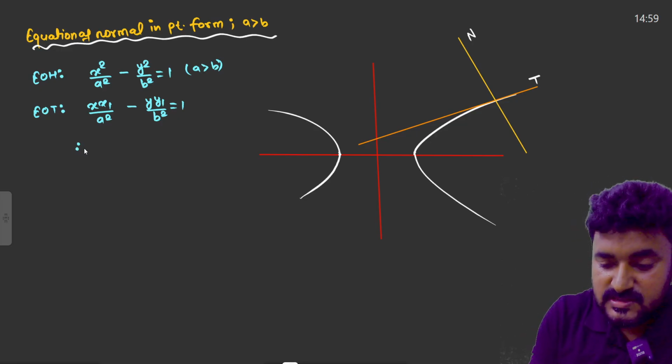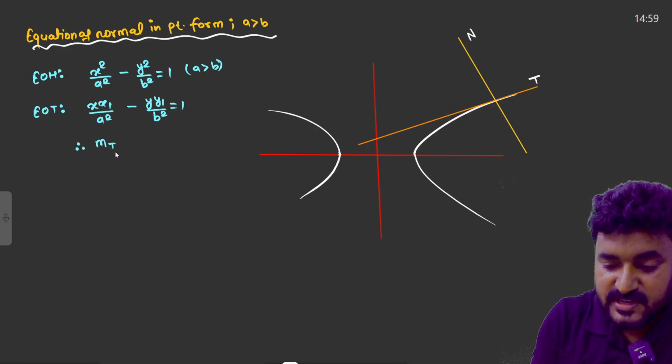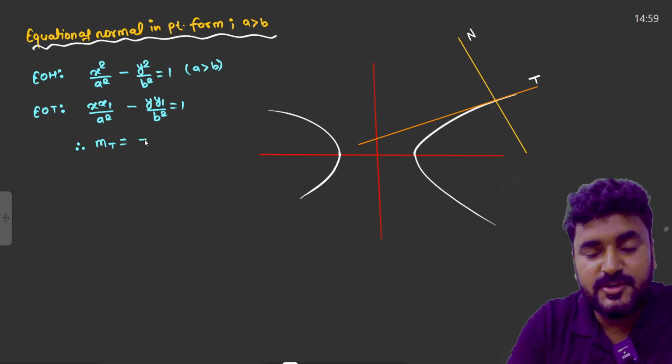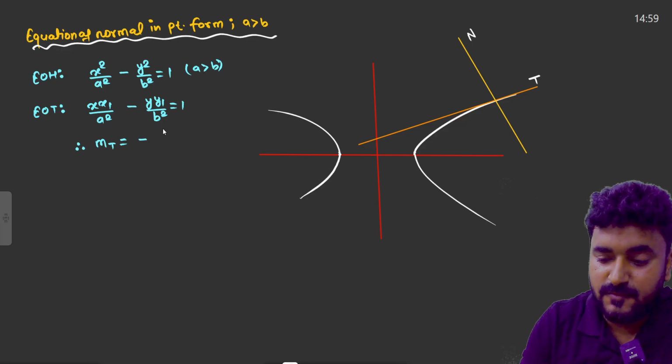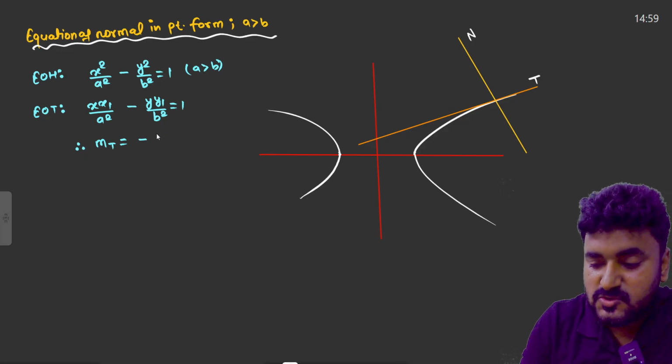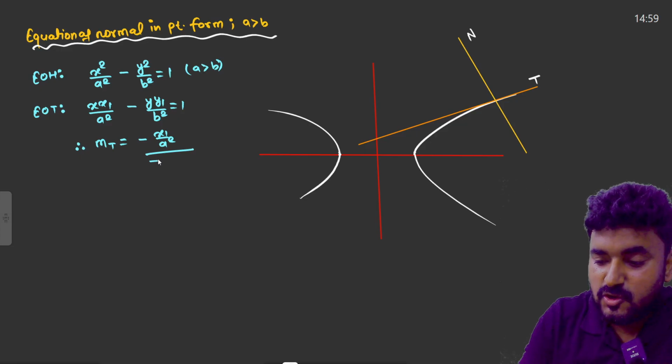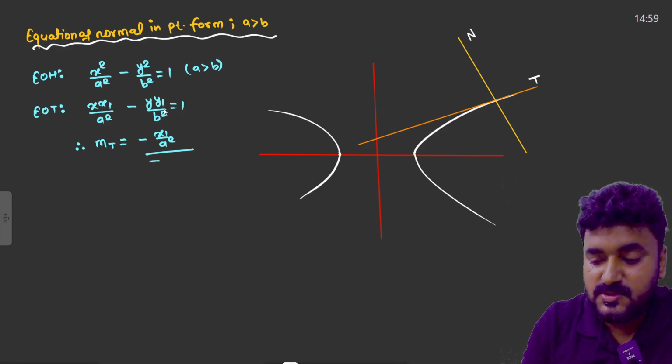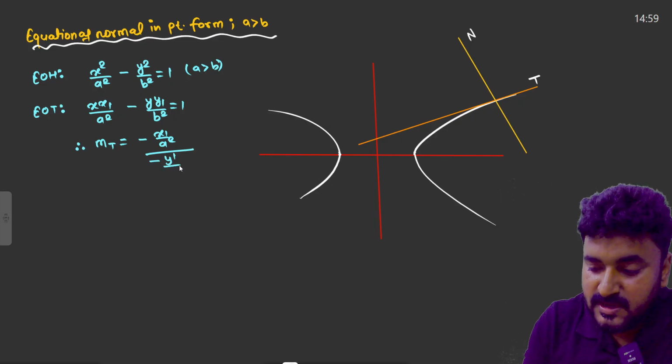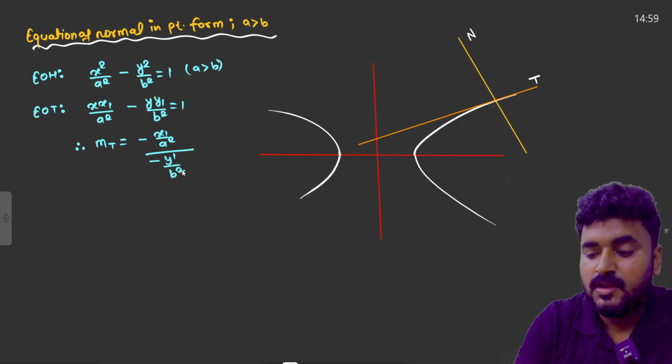If I ask what is the slope of the tangent, you will say minus coefficient of x by coefficient of y. So here the coefficient of x is x1 by a square, and the coefficient of y is y1 by b square with a minus sign.